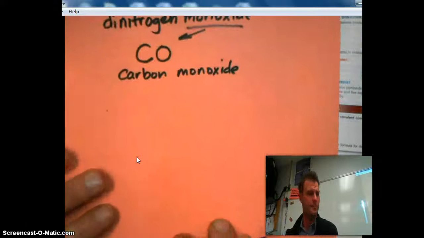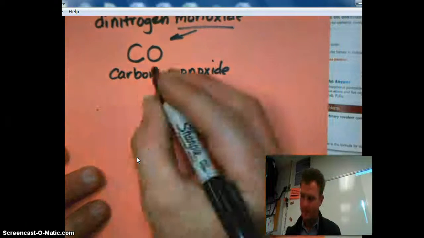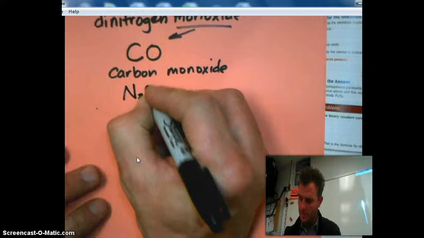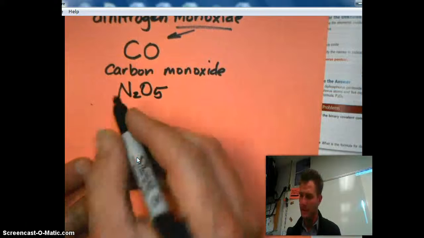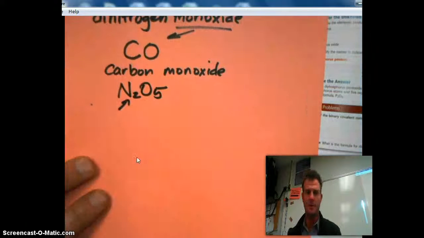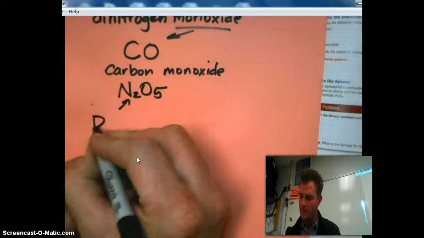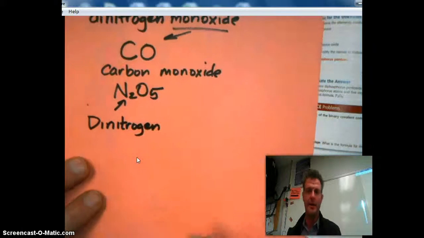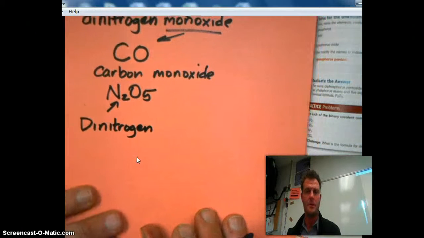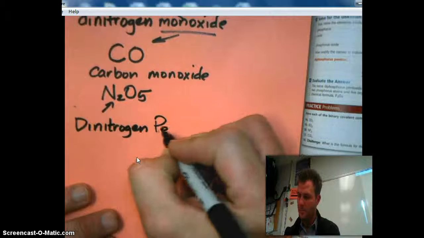Let's do a few more. N2O5. So how many nitrogens do we have here? 2. Dinitrogen. Pent, because 5 is penta.